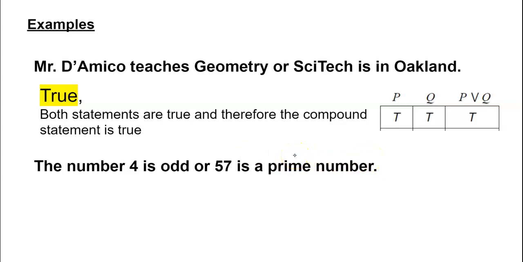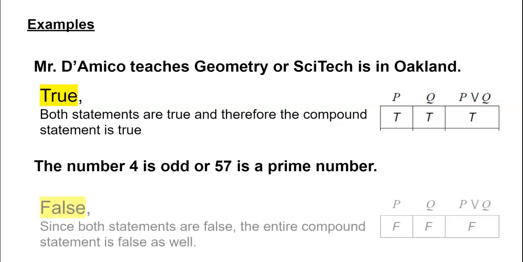The second one is: the number 4 is odd, already raising red flags for me, or 57 is a prime number. We can clearly agree 4 is not odd, it's absolutely even. And 57 is kind of tricky in terms of being prime, but it's actually composite because 19 times 3 is 57, which means it has more than one pair of factors other than one and itself.